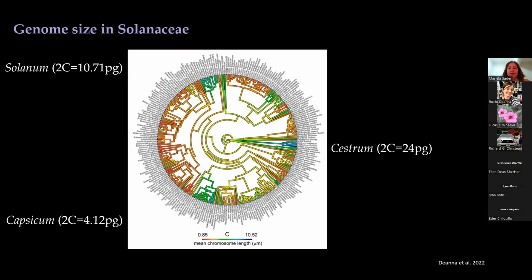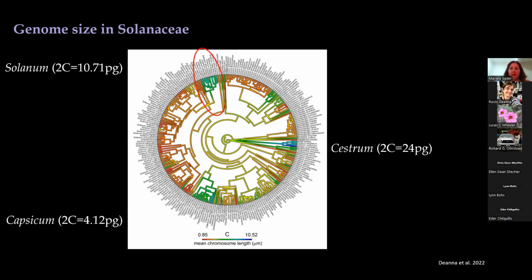Regarding the evolution of genome sizes within this family, we see that the majority have small genomes, like we see in red in this graph. But there are some genera with medium-sized genomes, in green, for example Capsicum or Solanum. And some genera, such as Cestrum or Cesea, have giant genomes, like here in blue.